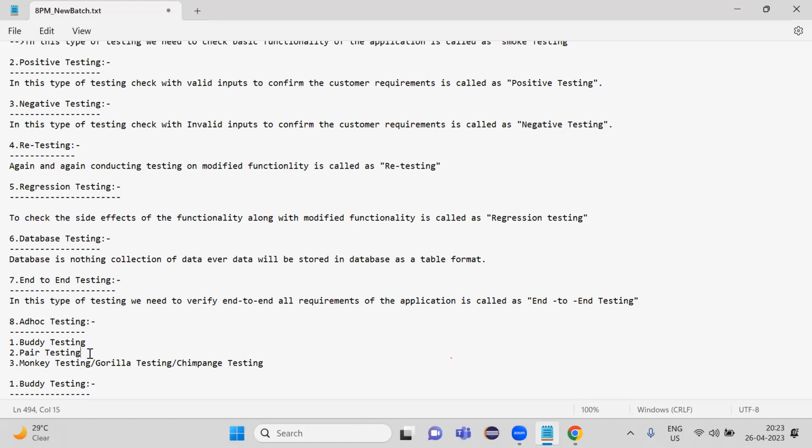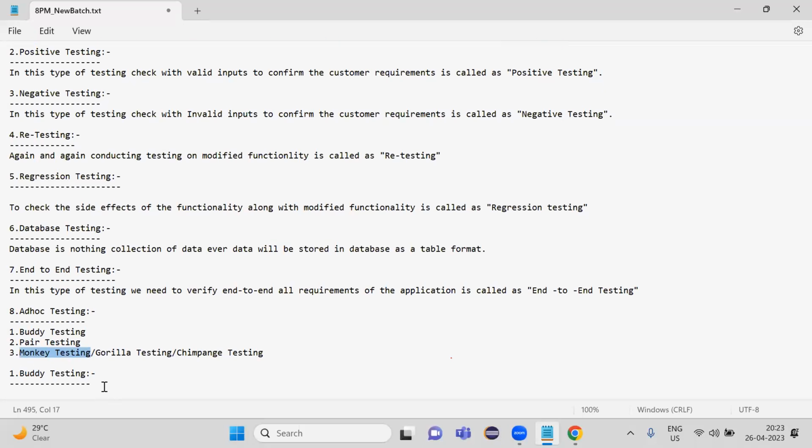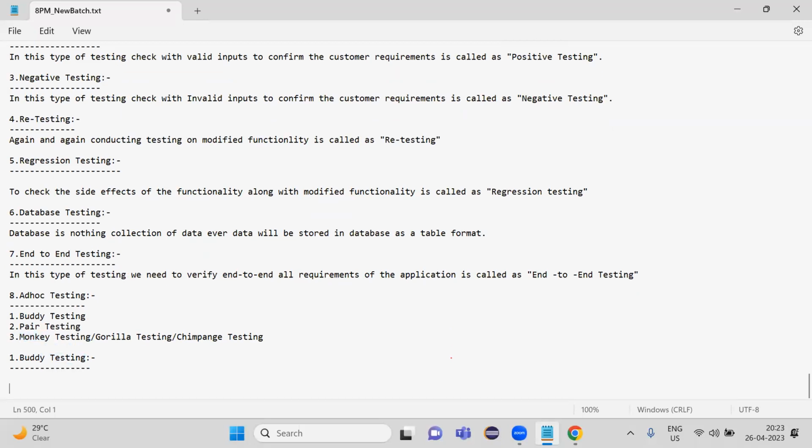Buddy testing is where we join with a development person. Monkey testing means conducting testing without following any documentation.